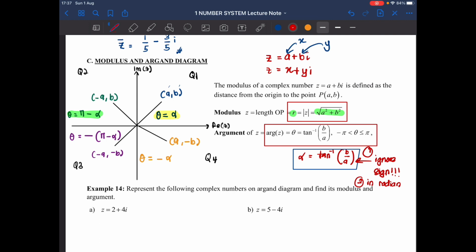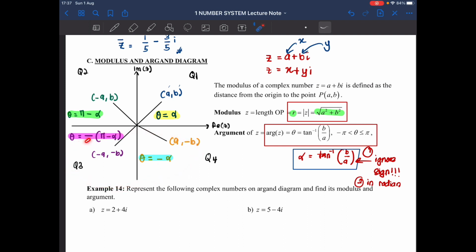Okay, so this one in third quadrant we have theta equals to negative pi minus alpha, and the last one we have theta equals to negative alpha. Okay, macam mana nak ingat? Yang di sebelah atas mesti positif. See, positif alpha, positif pi minus alpha. Yang di sebelah bawah mesti negatif.